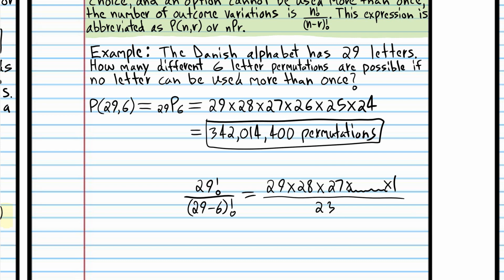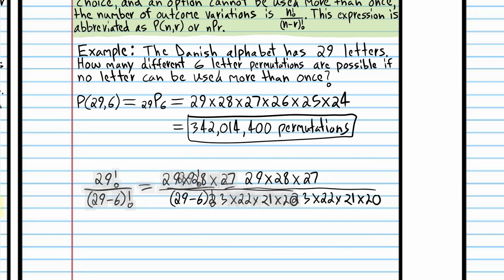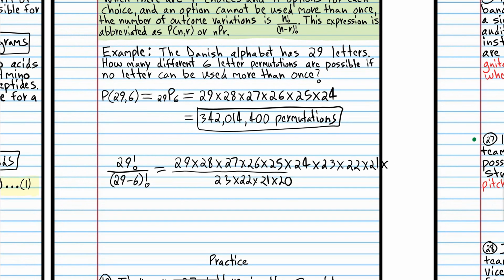And 23 factorial is 23 times 22 times 21 times 20, so on and so forth. And I guess I'll write that out here so you can see what's happening. This is very complicated notation. You don't really have to know this notation for today, but you are going to see it eventually. So we're going to get to 23 and just keep going on until we get to 1.